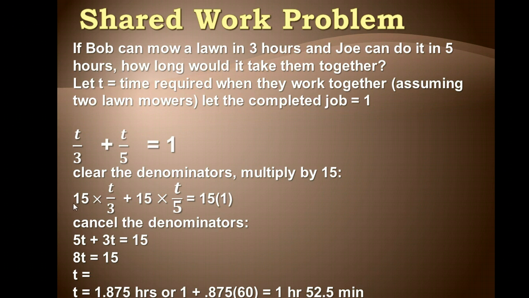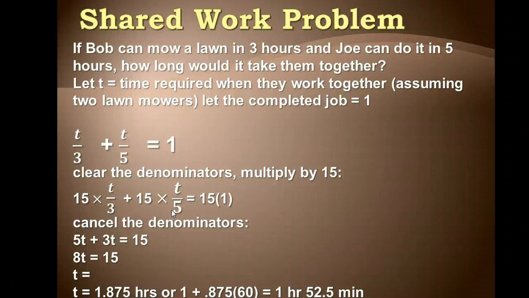What I like to think of is this: 15 over 1 times T over 3. 3 goes into 3 once, 3 goes into 15 5 times, and so all you have now is 5 times T. The same with this fraction: 5 goes into 5 once, and then 5 goes into 15 3 times.